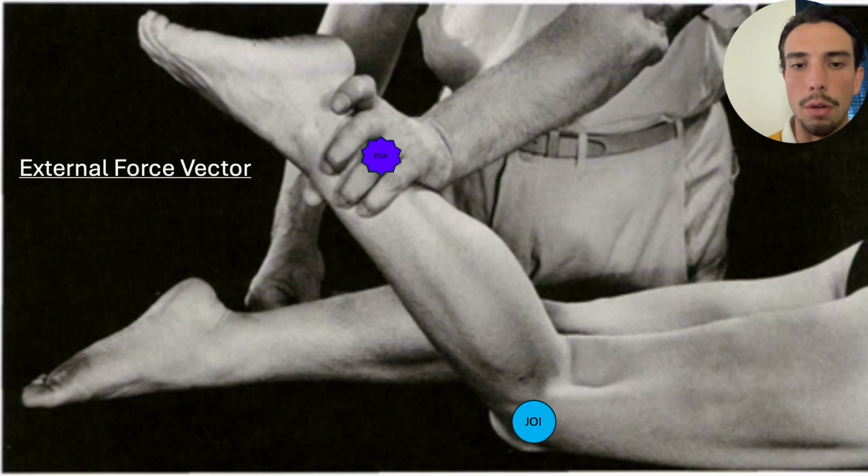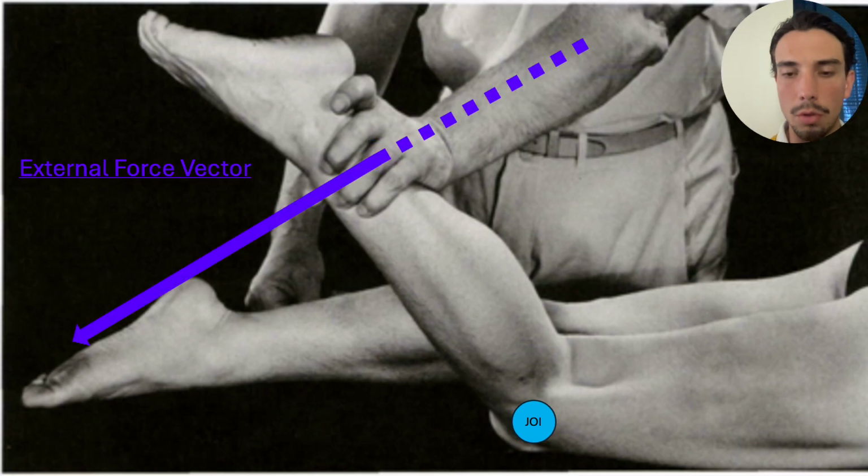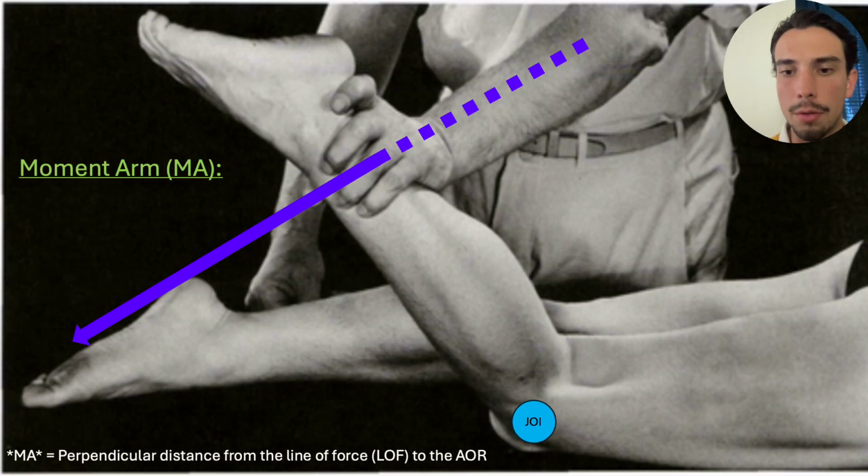So now, if we were to represent this as a vector, we know that the vector has to go through the point of application. So we can do the same thing we did for the internal vector, and we would draw it going in this direction. So now, the next step is to find the moment arm.